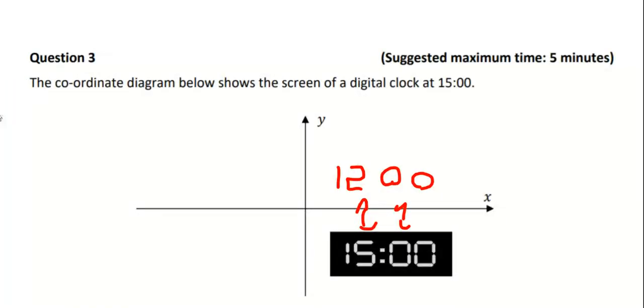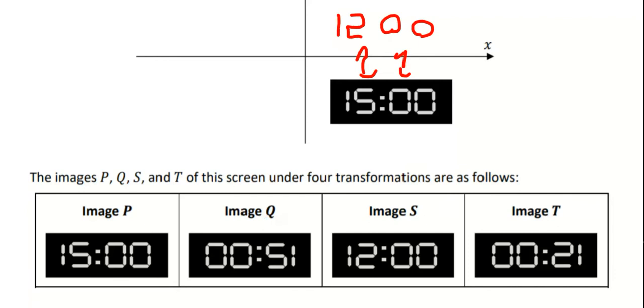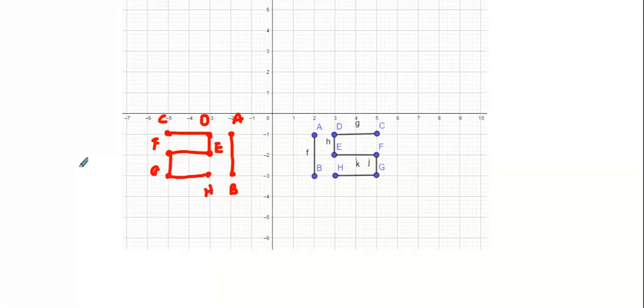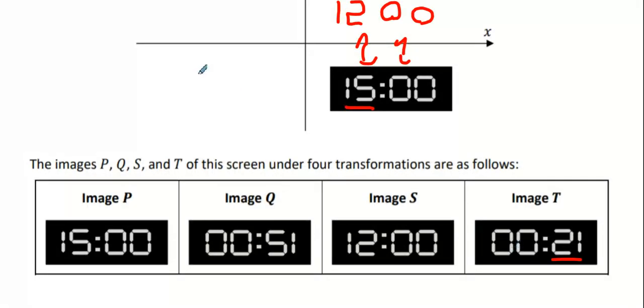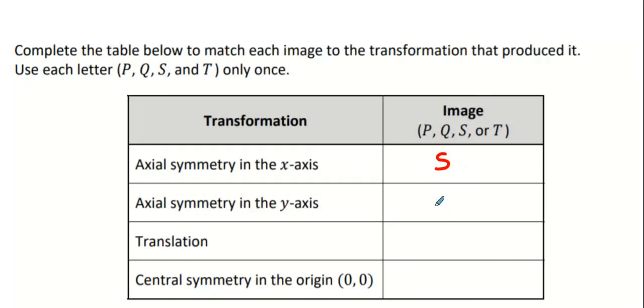So what we need to be looking at here for the y-axis is the 21, the 15 turned into 21. And the 2 zeros, if they were to be there, would appear on the opposite side. So 0, 0, 2, 1 by the looks of it. Yeah, image T for axial symmetry in the y-axis.